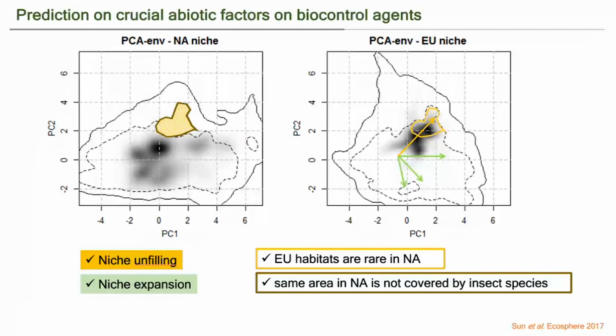So this is the animation, but I think it doesn't really matter to understand it. You can see here the very large solid line represents the total climatic environment condition that we use as the background, either in North America or in the US.